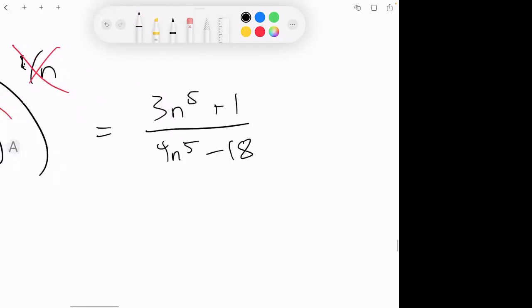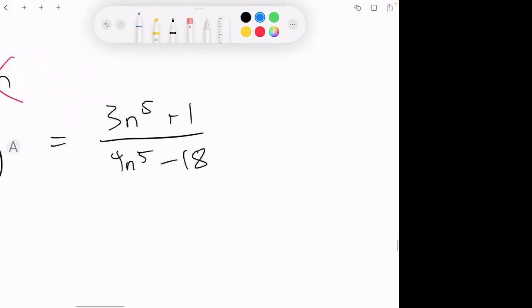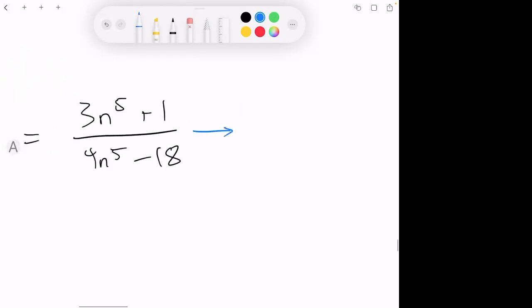In fact, this is exactly the type of polynomial over another polynomial that we have been discussing in the previous problems. Perhaps you know by now that that limit is for sure 3/4, because they are the same degree. I meant to put n here, but it doesn't actually matter. They're the same degree, and so the limit is just the ratio of their leading coefficients.